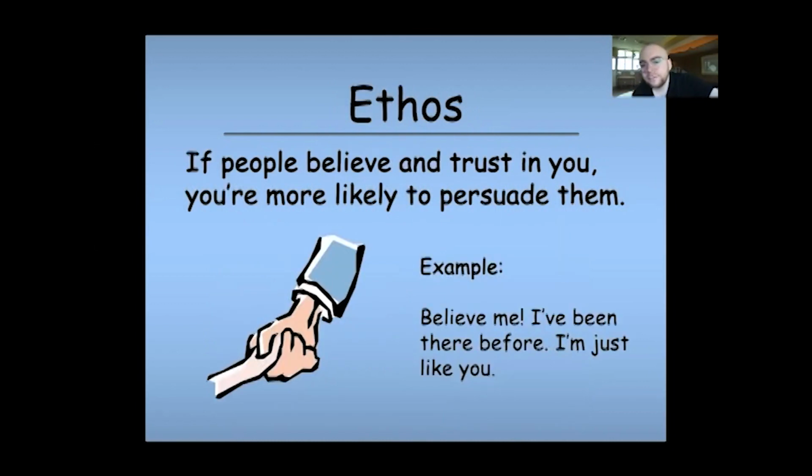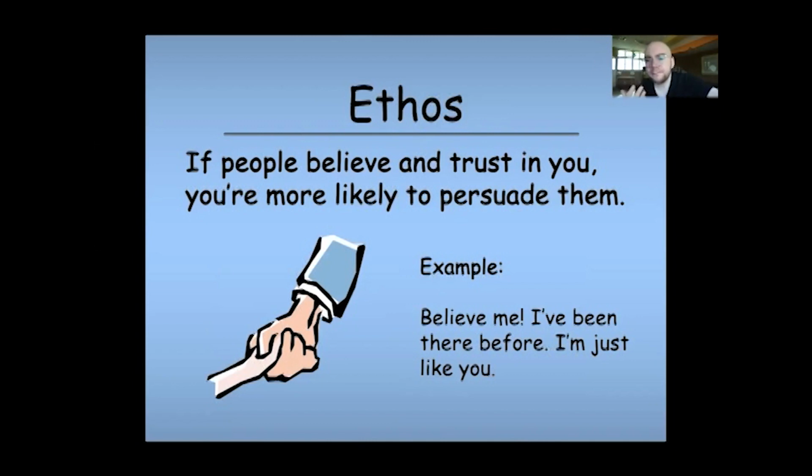And ethos. So this is important. Ethos, so ethics, ethical. Ethos is if people believe and trust in you, you're more likely to persuade them, okay? So believe me, I've been there before. I'm just like you. So if you make yourself seem trustworthy, so you're honest, right?